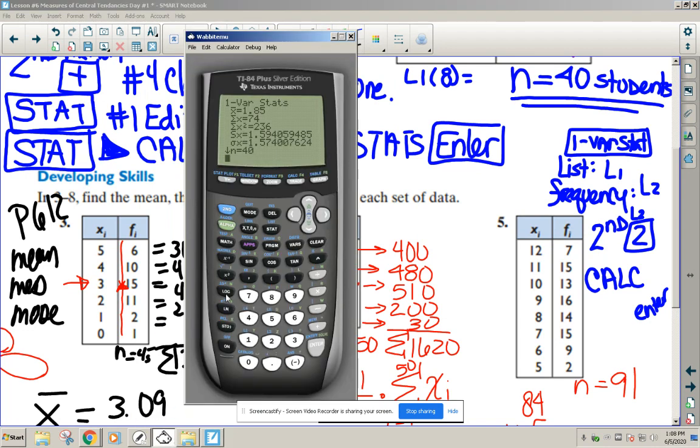Or we can use the calculator. Second, memory 4, and we can clear all lists. And now we can start again. If we go stat edit, I can put in list 1, which is 5, 4, 3, 2, 1, 0.